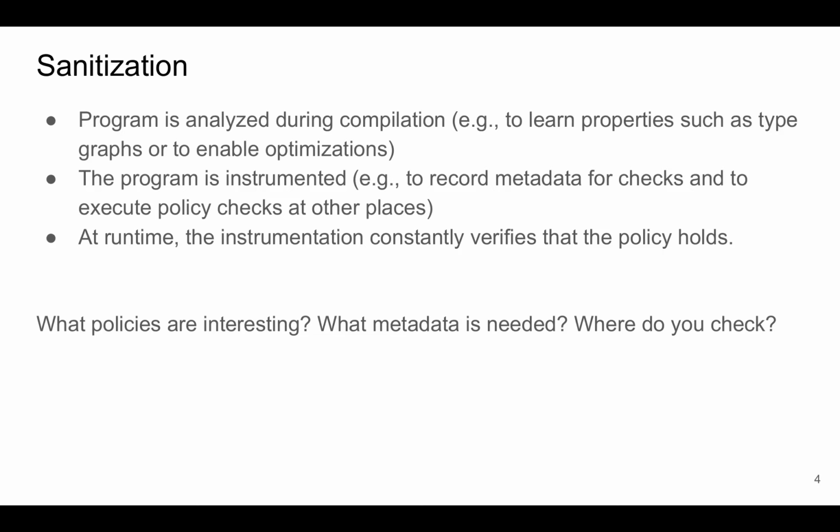Now, at runtime, the code then executes all this extra instrumentation. Extra instrumentation being the recording of the metadata and executing all these additional checks. Right? So we are inserting quite a bit of additional code, and we are also executing quite a bit of additional code. This is just a regular compiler pass, right?